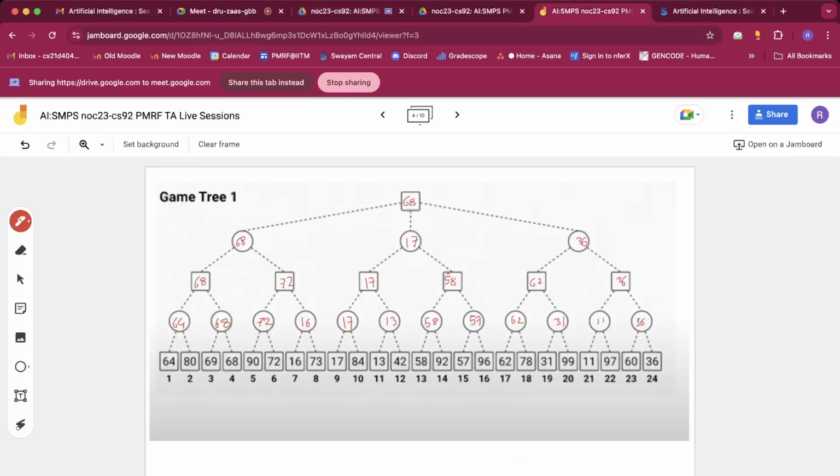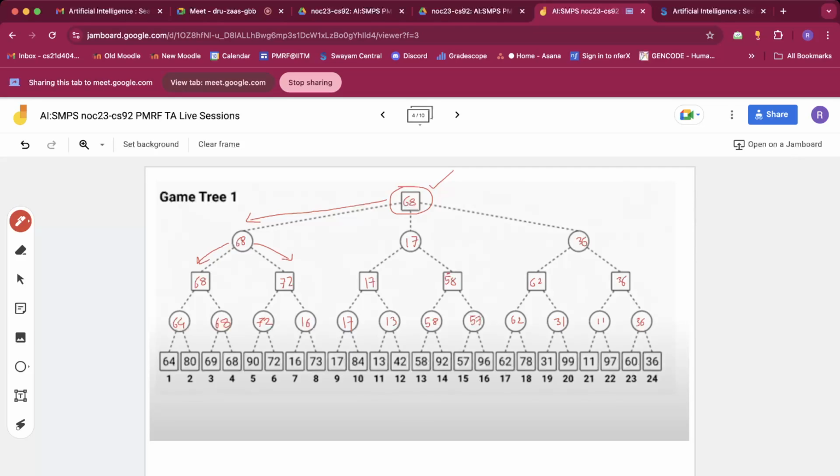So let's go back to our filled up game tree. This is the min max value, 68. Now let's look at where the 68 is coming from. It's coming from this min node. This min node 68 is coming from comparing this 68 with this 72.